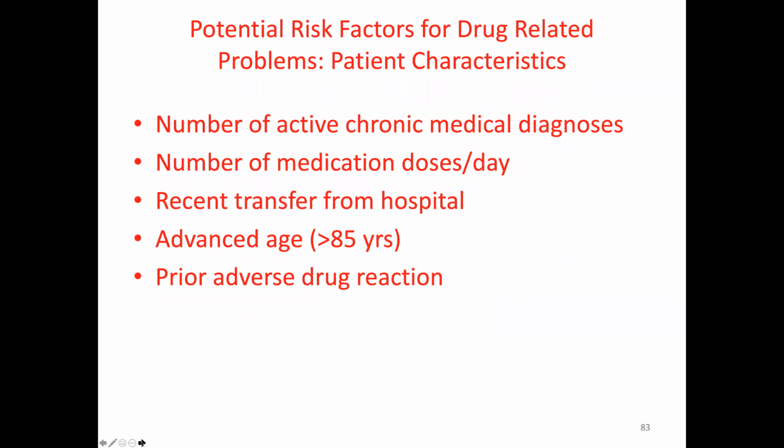When we look at patients, especially chronic disease patients, the more chronic diseases, the more the problem. The more medications, the more potential for a problem. The older they are, especially 85 or older, that's an issue. And if they've had any prior adverse drug reaction, these are things that put a person at potential risk for drug-related problems.